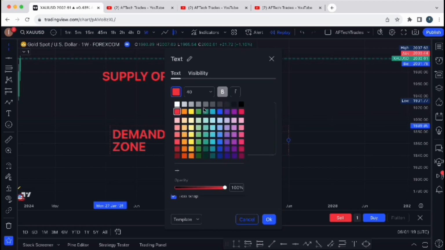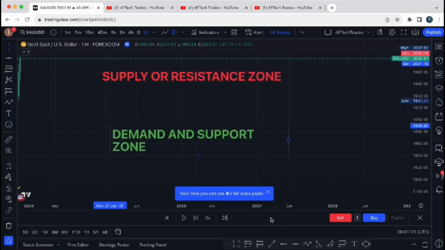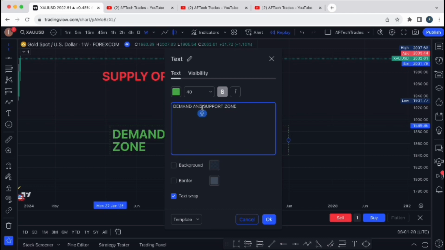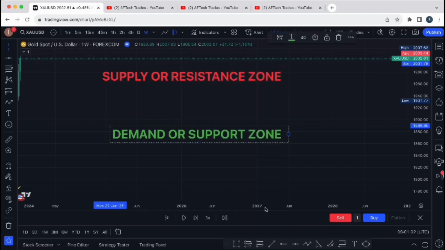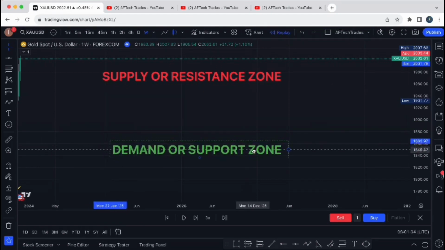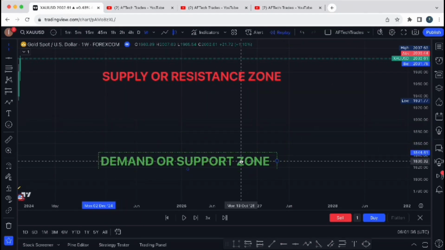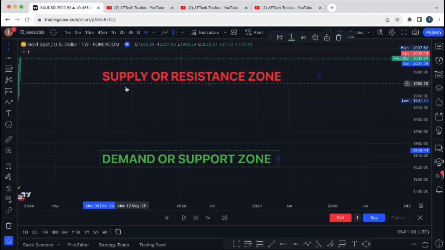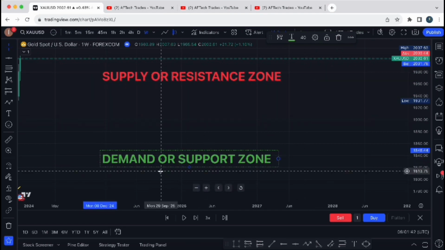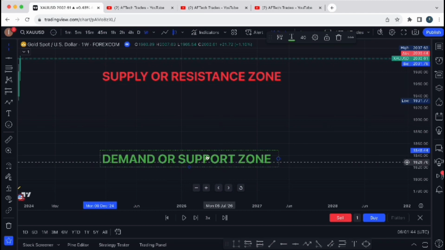The demand or support zone, sorry. Or support zone. So usually your supply zone is at the upper side while the demand zone is at the downside, right?